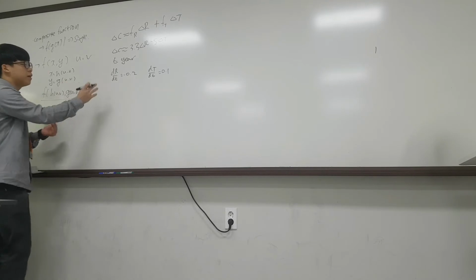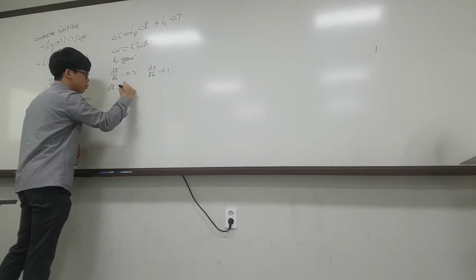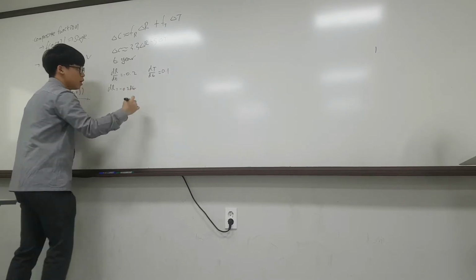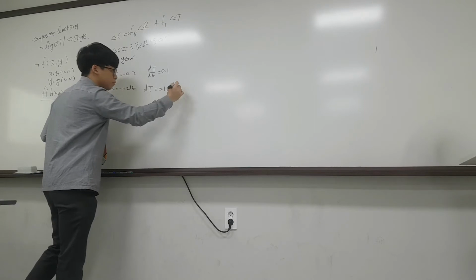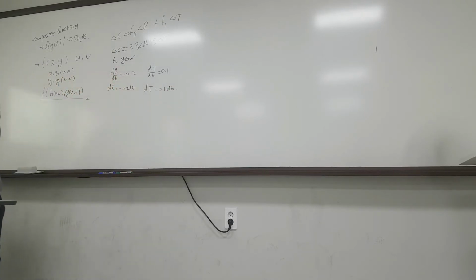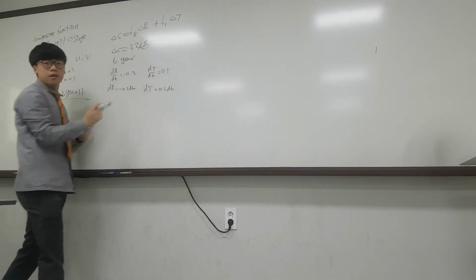So we can multiply dt to both sides, which gives us dR equals negative 0.2 dt, and dT equals 0.1 dt.